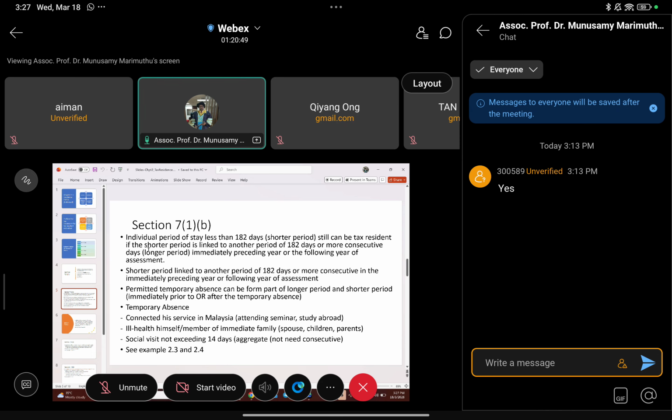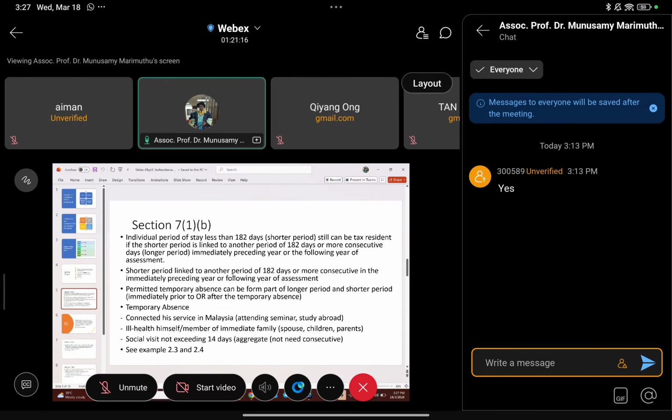So look, if the shorter period is linked to another period of 182, it should be 182 or more, either in one period or consecutive periods. Okay, so look at this: the shorter period linked to another period of 182 or more consecutive days, immediately preceding year or the following year.